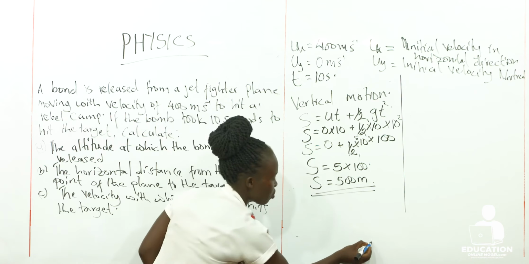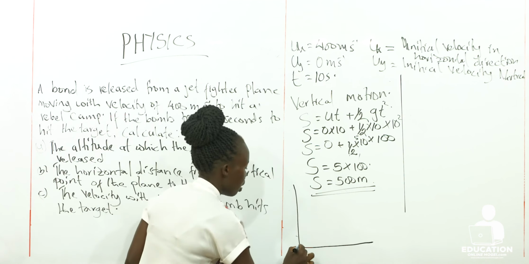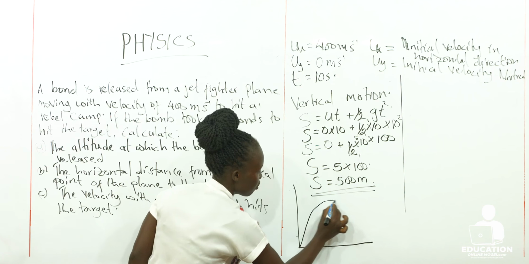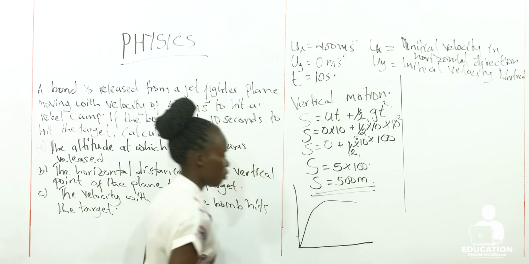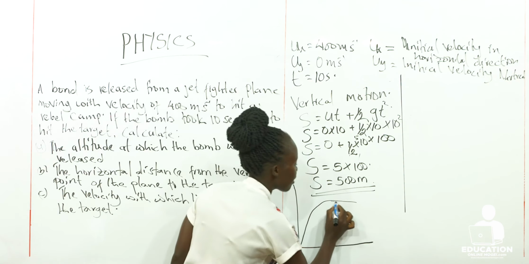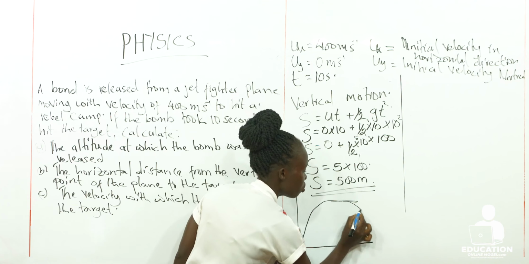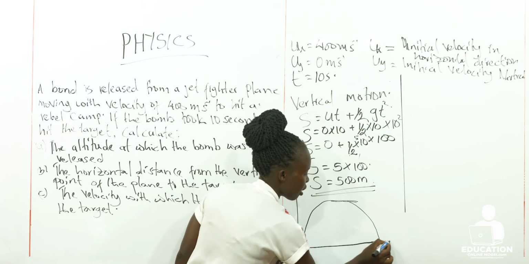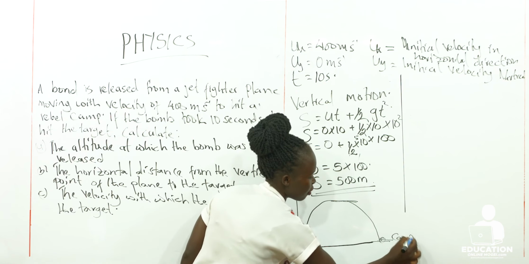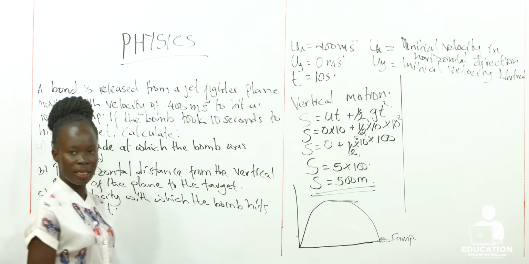From this horizontal distance, the plane was given this velocity and then reached the maximum height. Then from there the bomb was released, and the bomb was to fall right here. We assume here is our camp. This is the point that was targeted to fall.